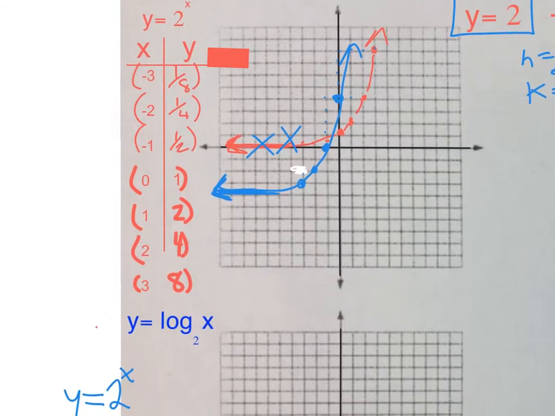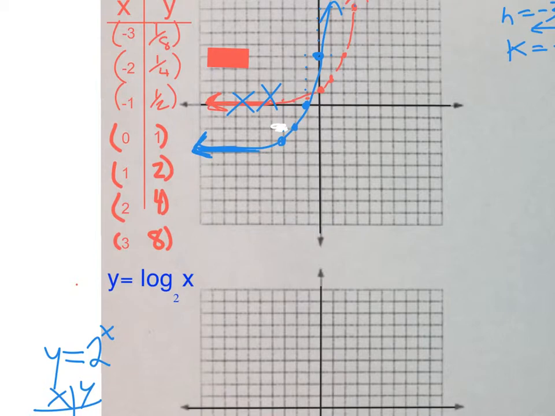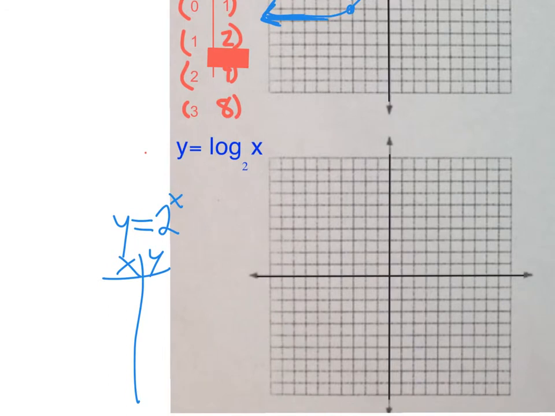So what I'm going to do is switch all of those coordinates, and that will actually give me the coordinates of the logarithmic function. Okay, I hope you guys understand that. I don't want the coordinates of y equals 2 to the x. I want the coordinates of log base 2 of x.